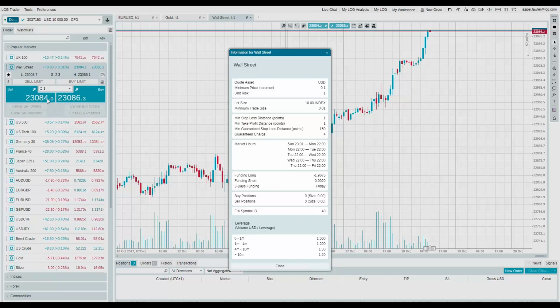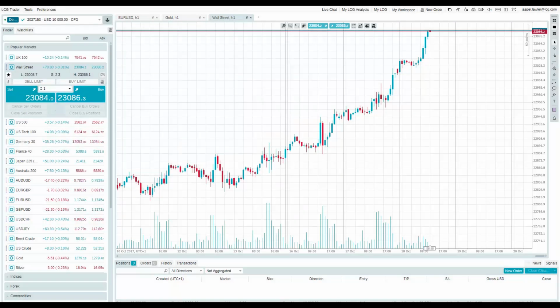To put it simply, if I close that down, if you're trading 0.1 lots, where the value of the contract you're buying is 23,000, then if Wall Street goes up from 23,082 to 23,083, you're making $1, and then you translate it into your local currency.